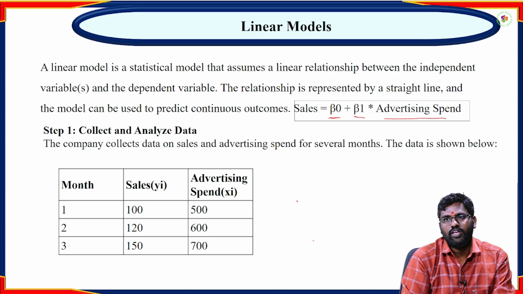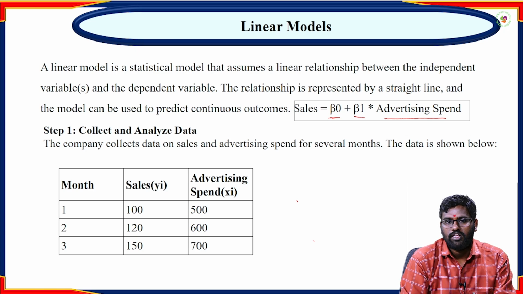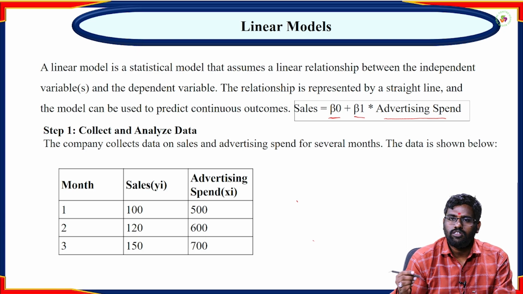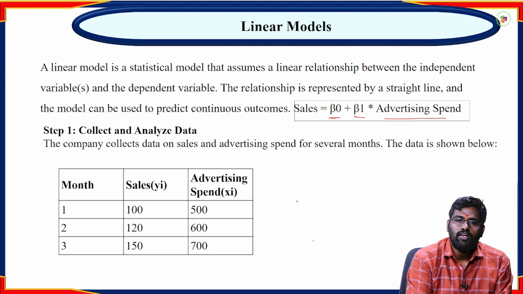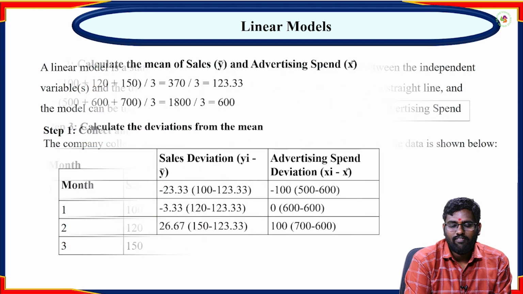For example, if I advertise laptops, TVs or mobiles and the advertising amount spent is very high, the number of sales will be high, depending on the feedback to our advertisement. So sales increase based on our advertisement spending for the given products. That is the general example I have taken for the linear model, and based on this I solved it.